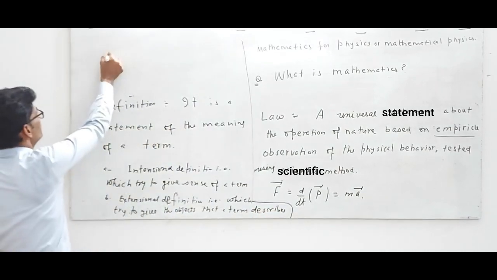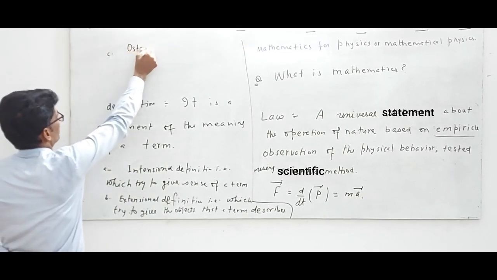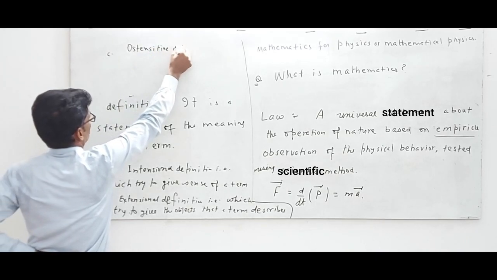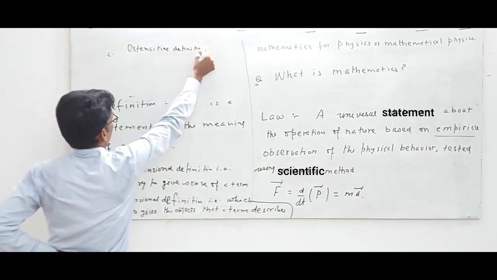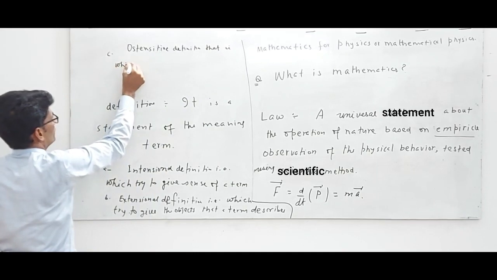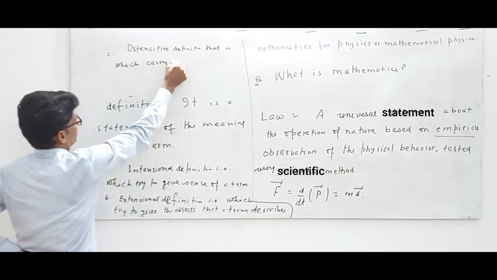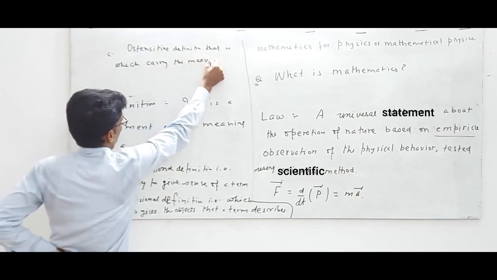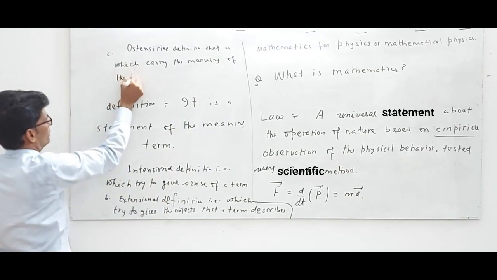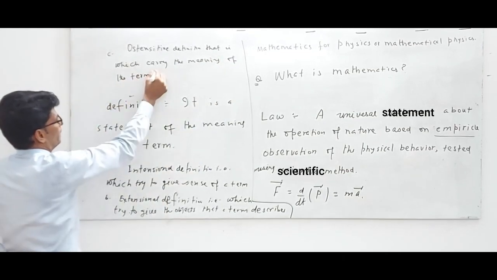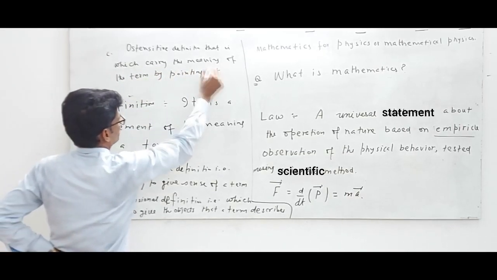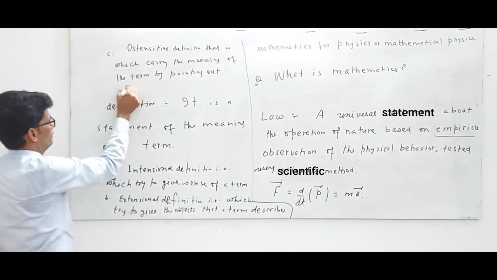And the third one is ostensive definition. That is, which carries the meaning of the term by pointing out examples.